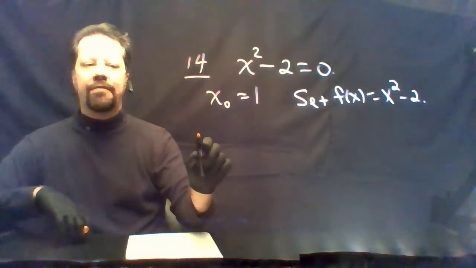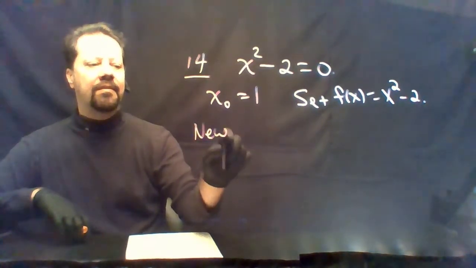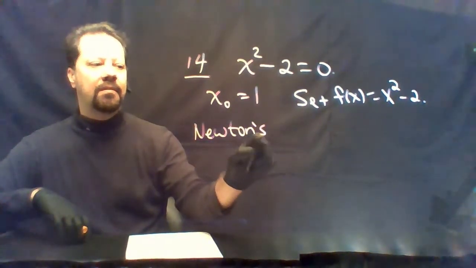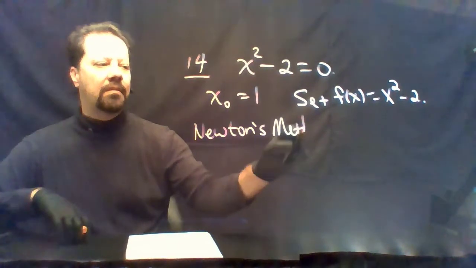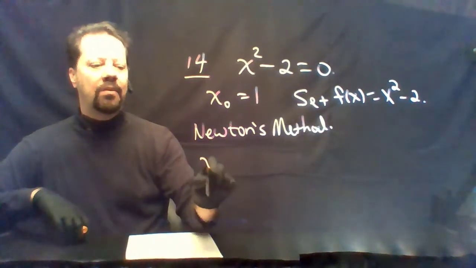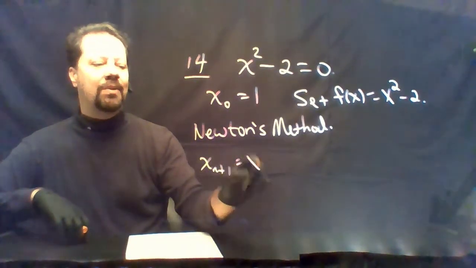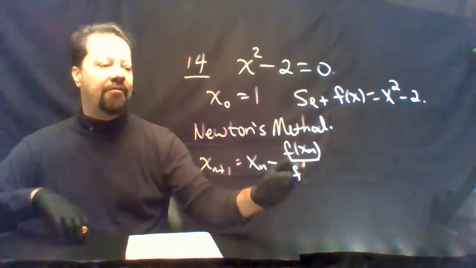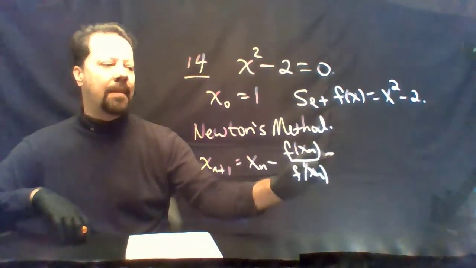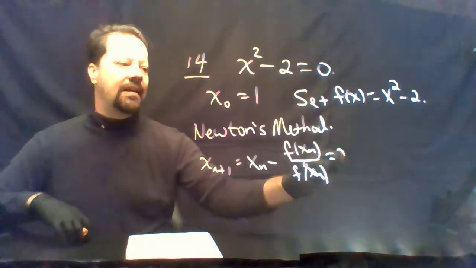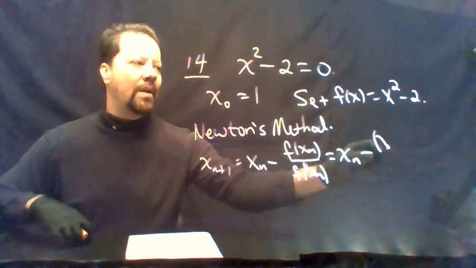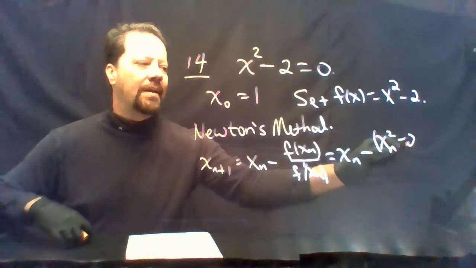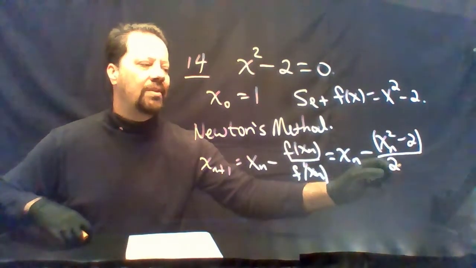The formula for Newton's method was x n plus 1 equals x n minus f of x n over f prime at x n. In this case, that's x n minus the quantity x n squared minus 2 divided by 2 x n.